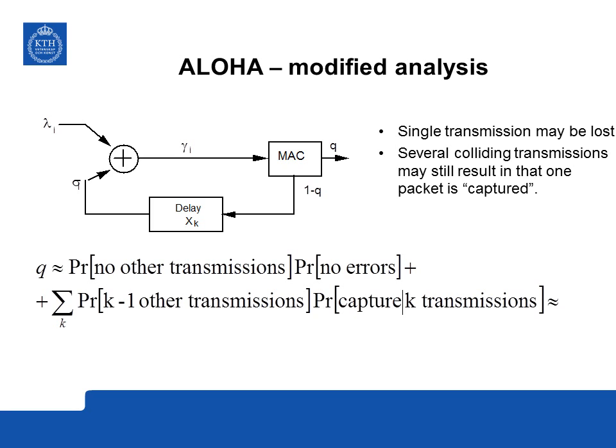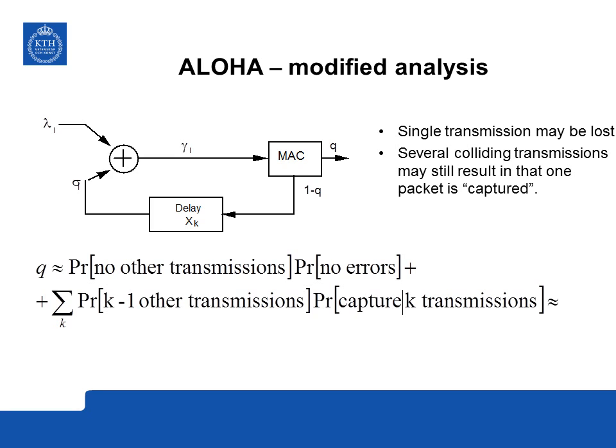And the other component is when we have a collision, and there may be K collisions, and there may be K minus 1 other transmissions. And then the success occurs if we have a capture, given that there are K different transmissions.